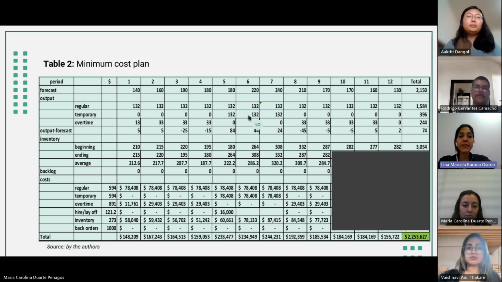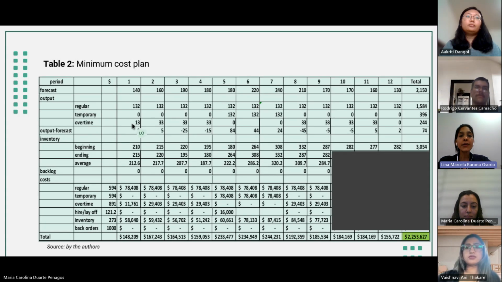For the regular working hours, for all the months we have 132, keeping in mind, of course, the information and the explanation that Maria gave before. What I mean is keeping in mind the effective working time that we have during the month.